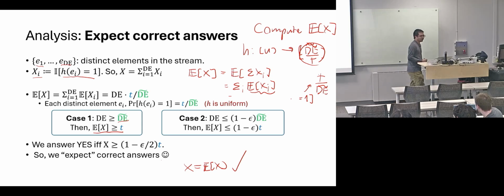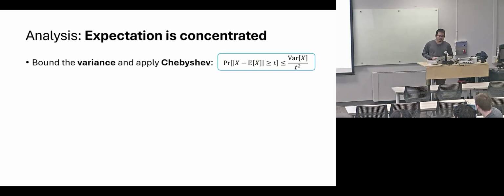So the next step is that we want to show that we have concentration. Sorry, the expectation is constant. The random variable X is concentrated.